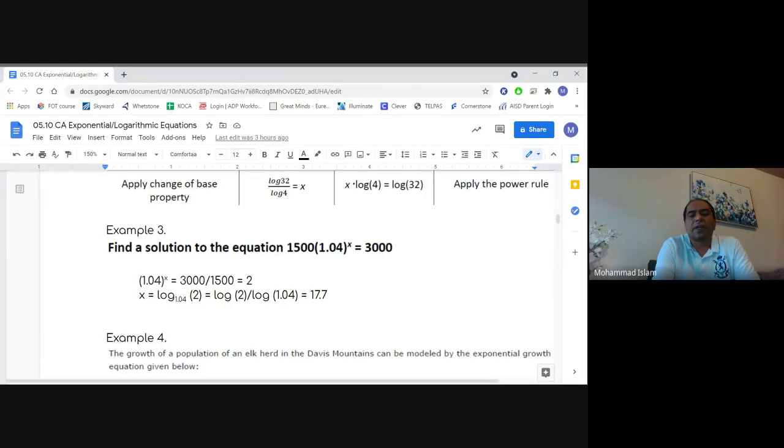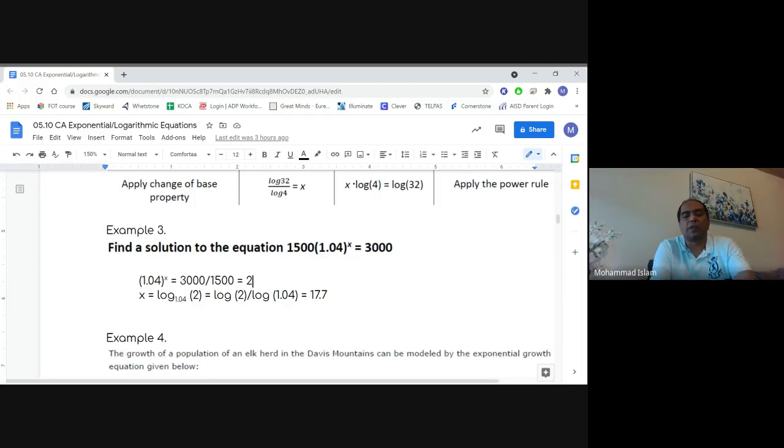So x is equal to log base 1.04 of 2, and then I change the base from 1.04 to base 10. So log of 2 divided by log of 1.04 is equal to 17.7.